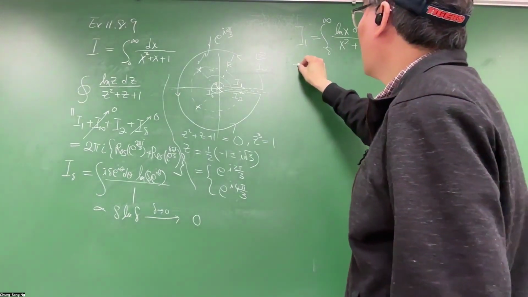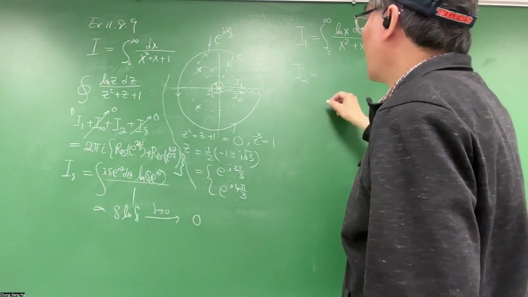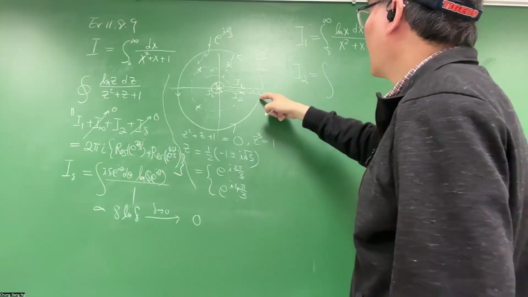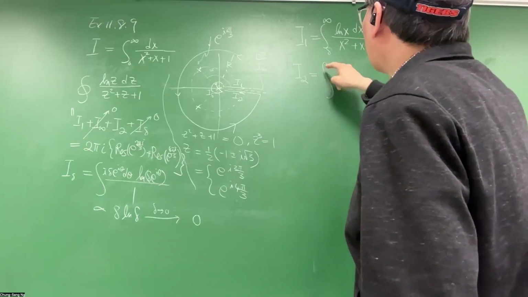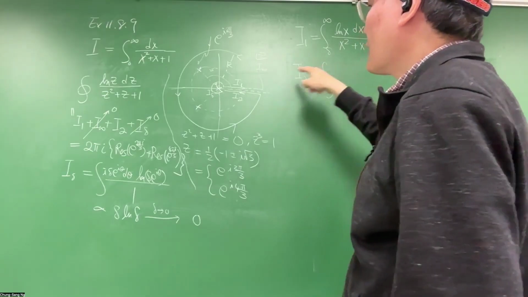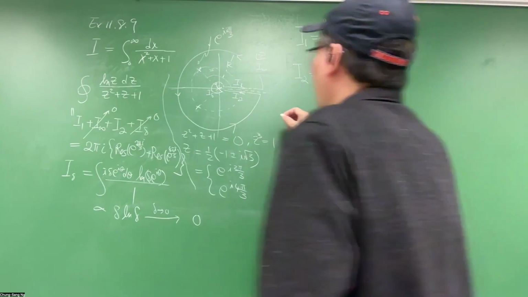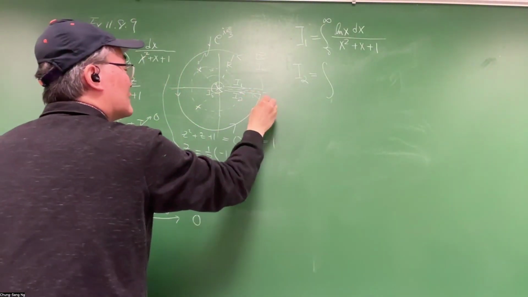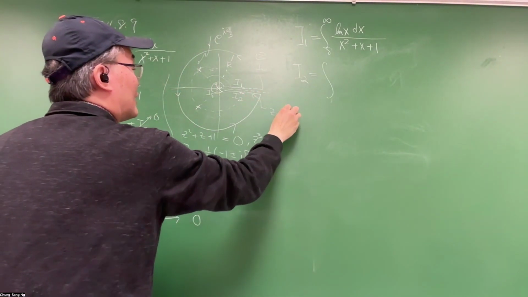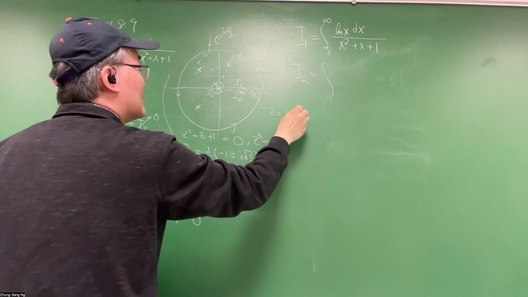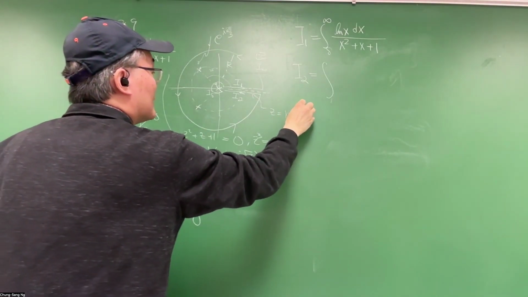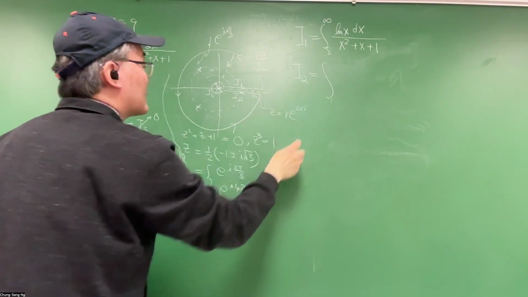So the I sub 2 is now going back from infinity. Well, let's figure out what the phase angle is along this line. So z is r e to the 2 pi i, right?